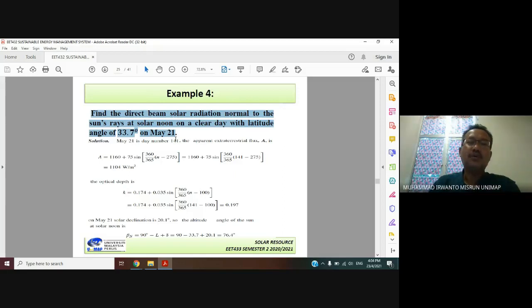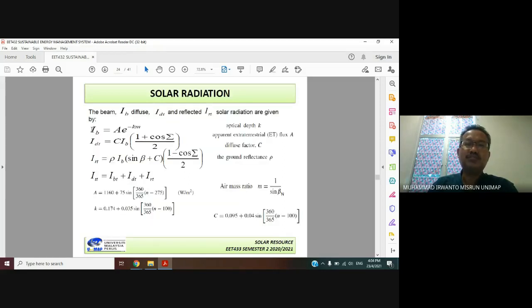Now, we can calculate it using this formula, because we just calculate the beam solar radiation.